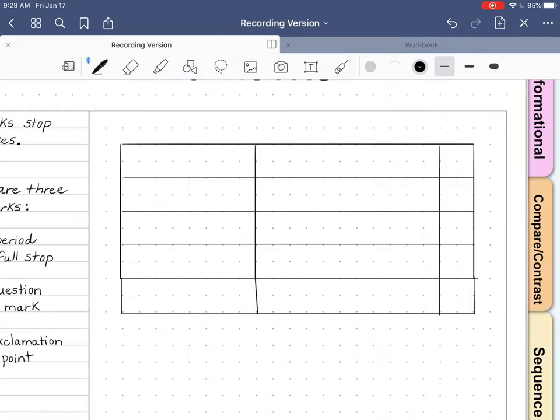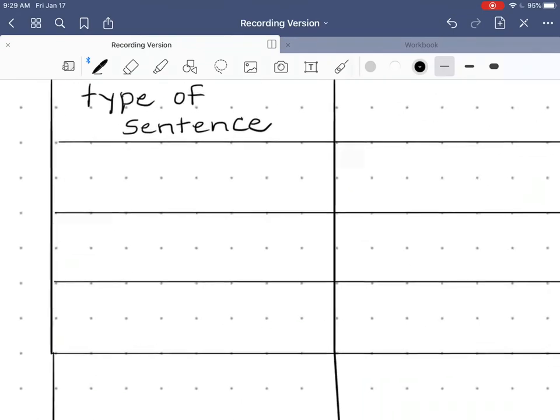Okay, in this first column, I'm going to write the type of sentence. And in American English, there are 4 types of sentences. And let me zoom in here so you can see.